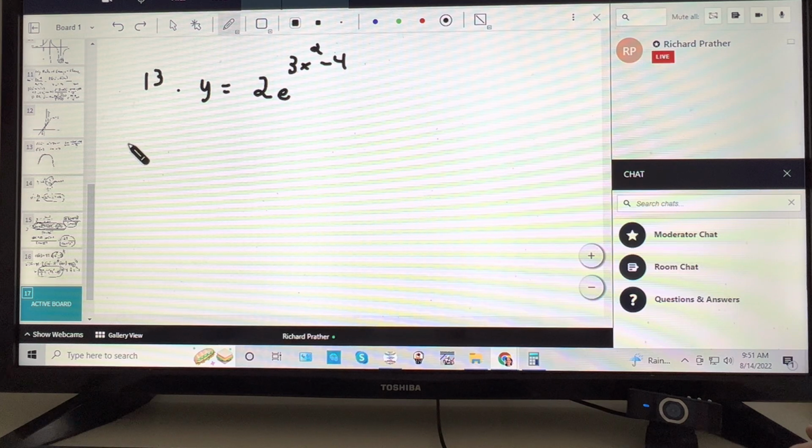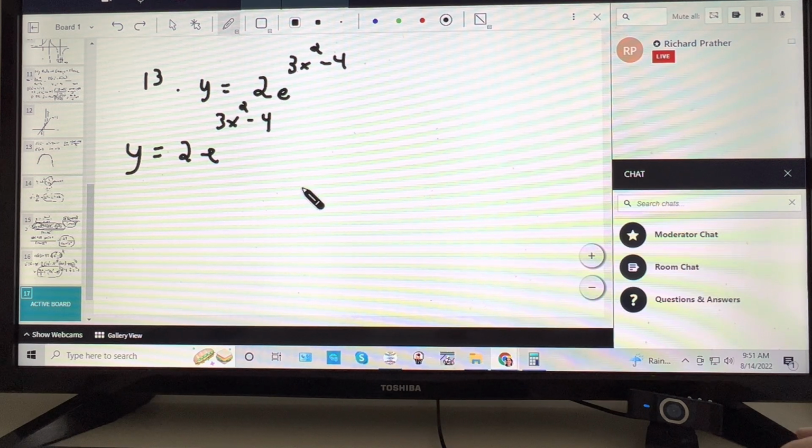The derivative of an exponential, for any base, is at first itself. Then if it's not e for a base, you have to multiply by ln of whatever the base is. So if I was doing 5 to the 3x squared, then I would have to multiply by an ln of 5.